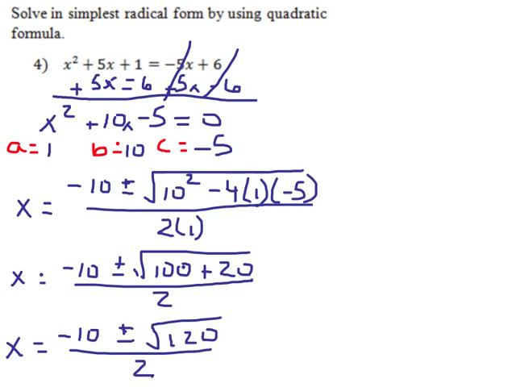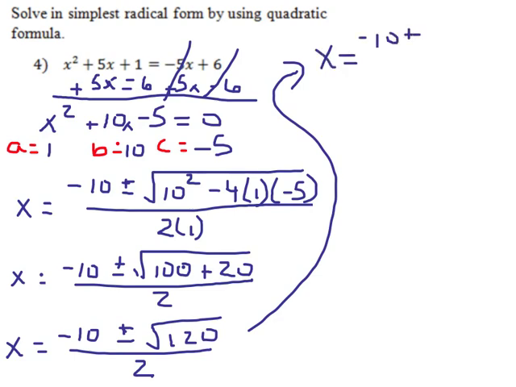Now we've got to break up the square root of 120. Lots of ways of doing that. Bottom line, I'm going to do x is negative 10 plus or minus. Now, for me, 120 is 4 times 30.